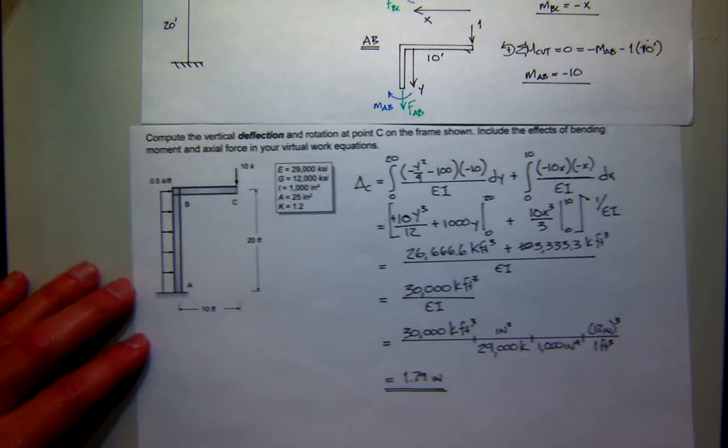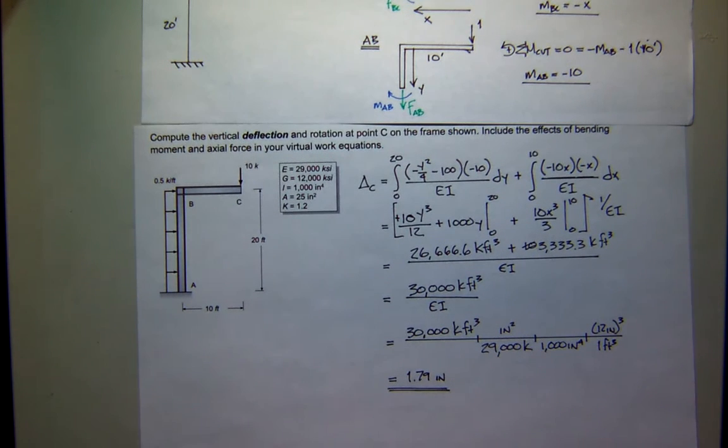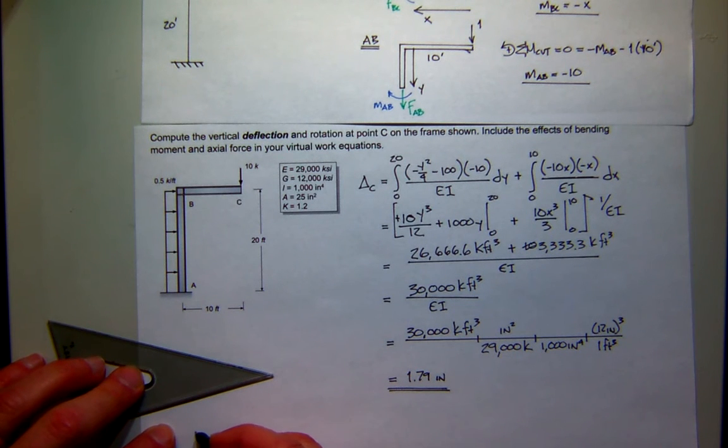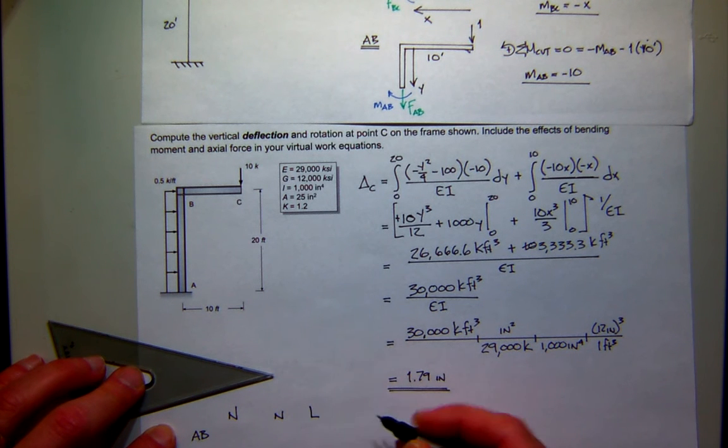So if I made a little chart just to keep track of my axial forces, I've got two members. Remember, I had AB and I had BC, and I've got the real force, virtual force, the length, and what else do I need?